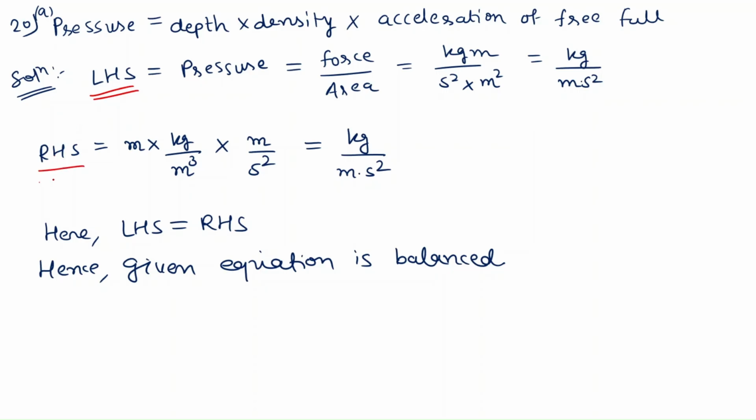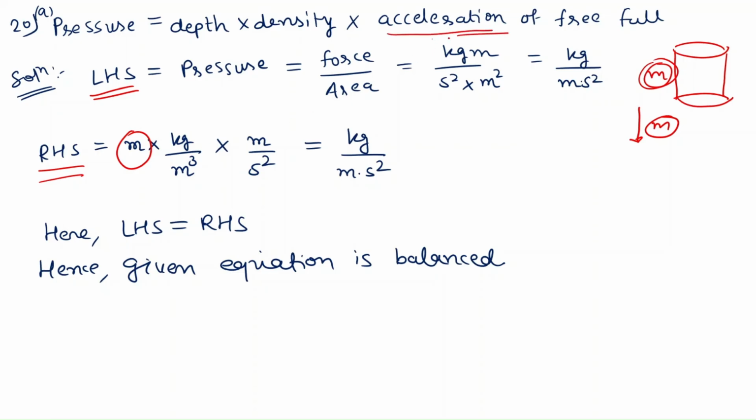Now on the right hand side they give depth. Depth is related to length. Like in a cylinder, it has some height, or you can say a depth, which is measured in meter, so the SI unit is meter. So we write here meter, density is kilogram per meter cube, and acceleration.